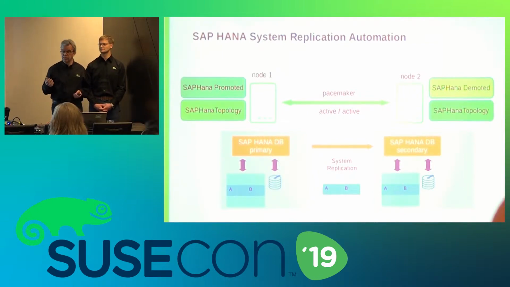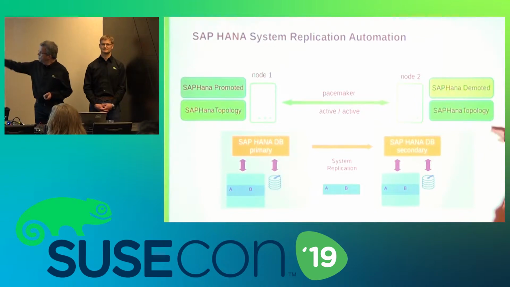The resource agent to do that is named SAP HANA, and it is really doing changes like starting, stopping, and doing a takeover with HANA. And we have a second resource agent, called SAP HANA topology, and this is just viewing whether there is a HANA on this machine, whether it is configured for system replication, and so on.